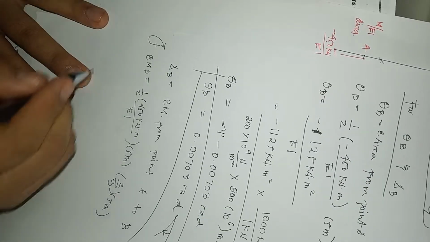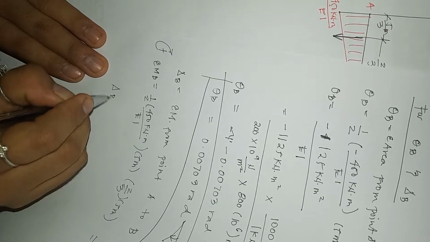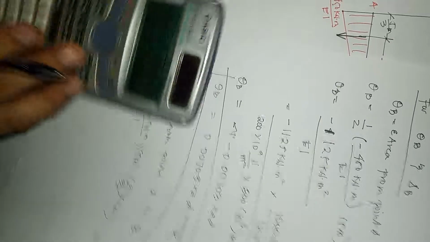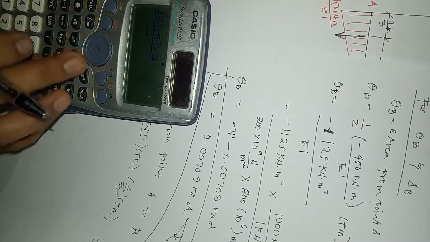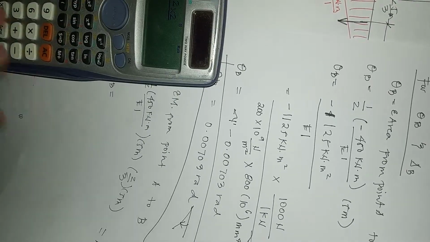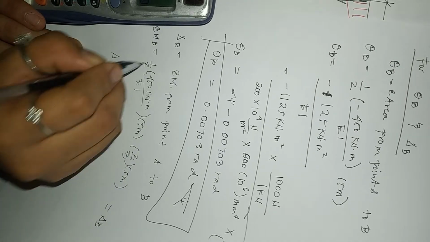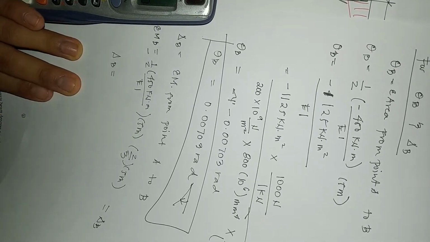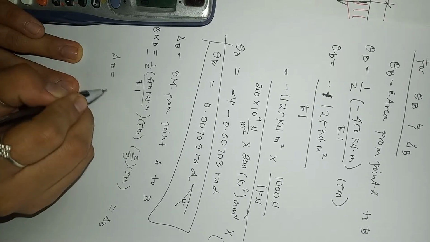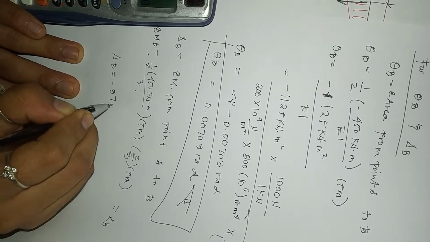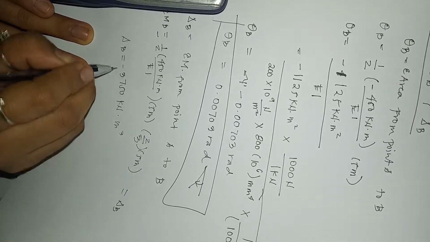So this is equal to delta B. So delta B is equal to 450 times 5 squared times 2 over 6. It's actually negative because it's counterclockwise. We consider the positive as clockwise. So we have negative 3750 kilonewton meter cubed over EI.